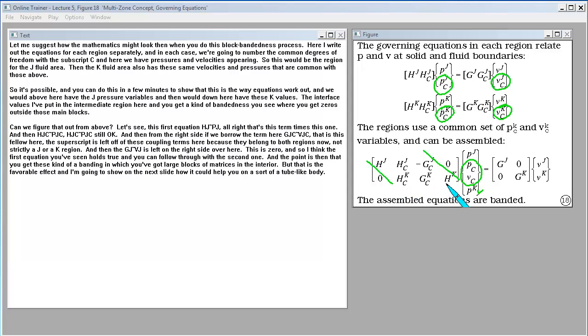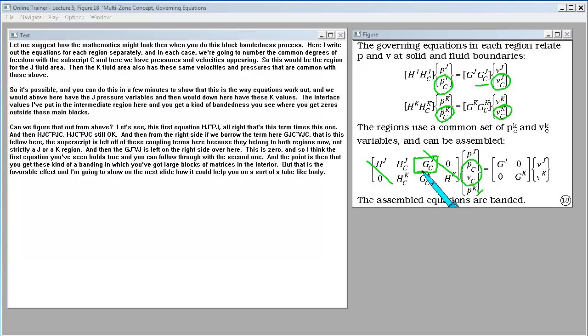Can we figure that out from above? Let's see, this first equation, Hj, Pj, all right, that's this term times this one, and then Hjc, Pjc, still okay. And then from the right side, if we borrow the term here, Gjc, Vjc, that is this fellow here.